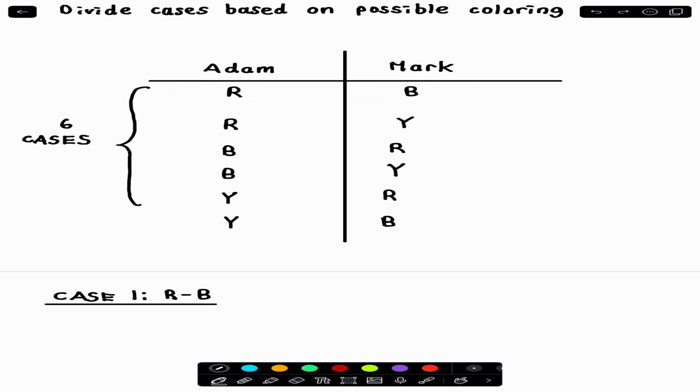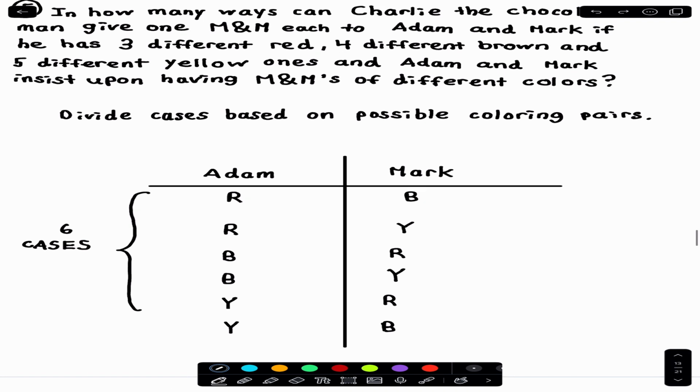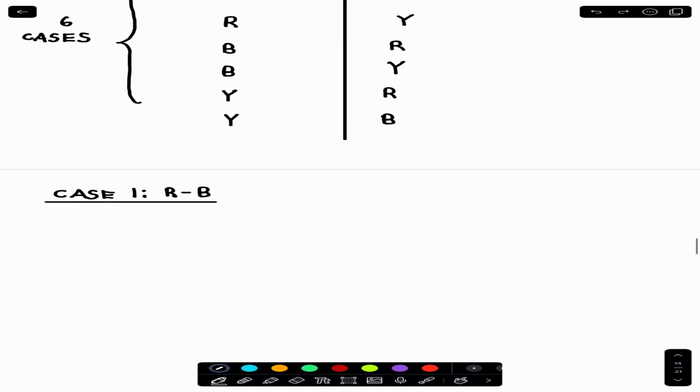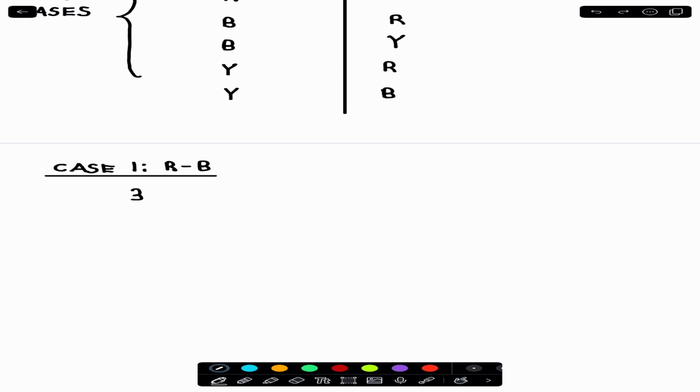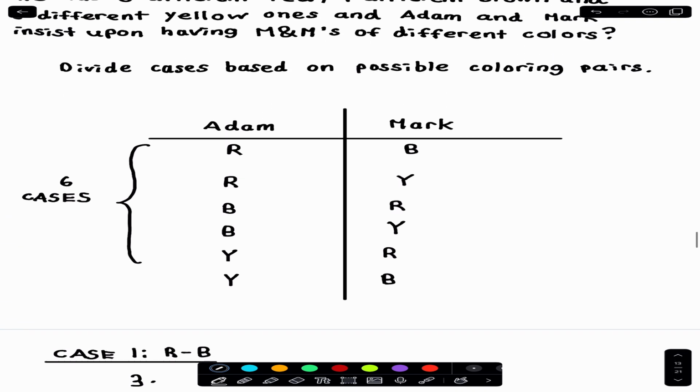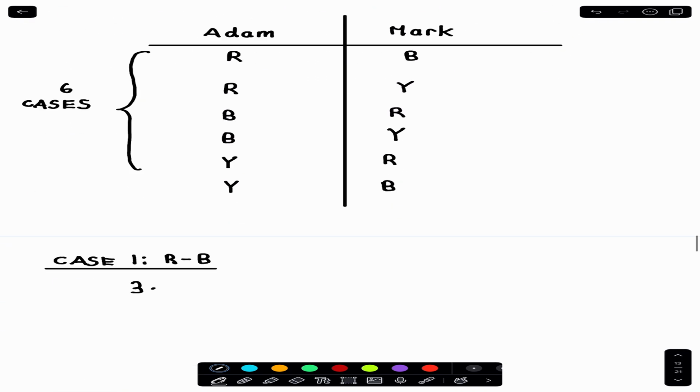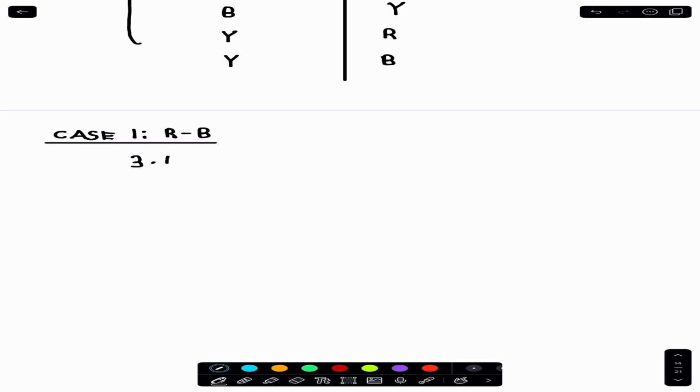So let's count. So the question says there are 3 different reds that Adam can get, and then there are 4 different brown M&Ms that Mark can get. This means there are 12 possible combinations.